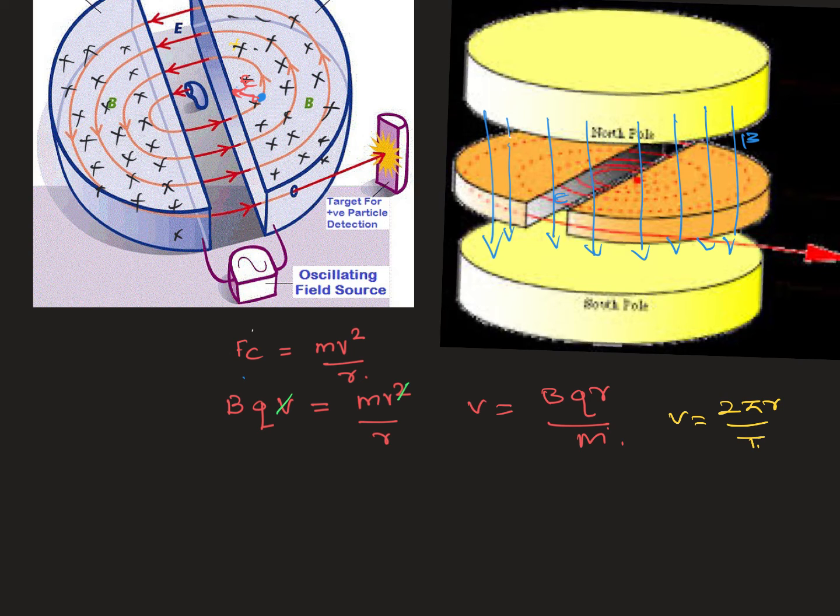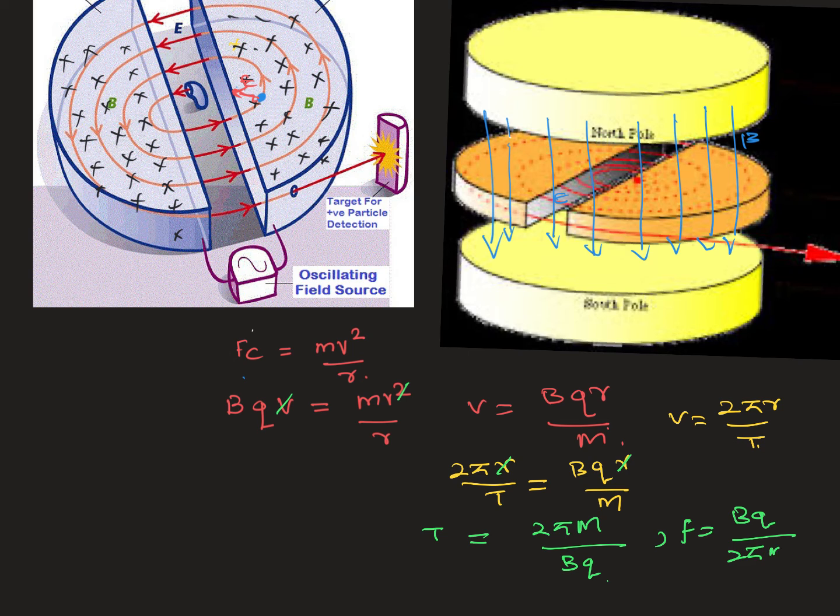So 2 pi r over T is equal to BQr over m. Now the r will cancel each other, so we can say that T is equal to 2 pi m divided by BQ. But T is 1 over f, that is 1 over frequency. That means the frequency is equal to BQ over 2 pi m.